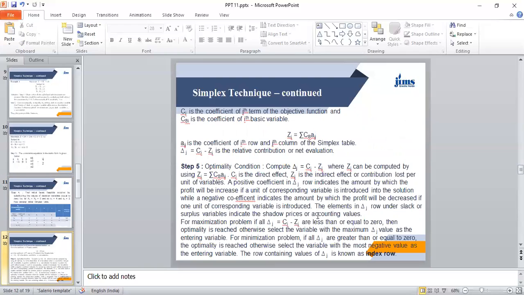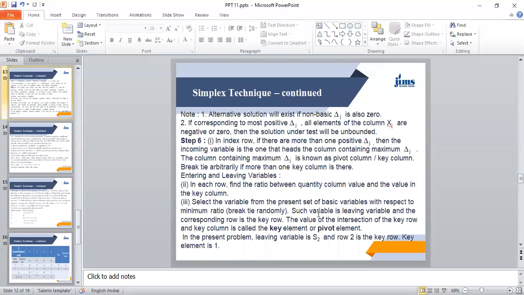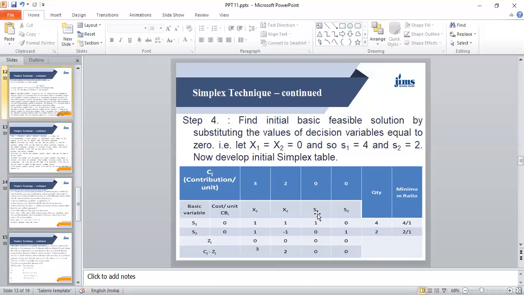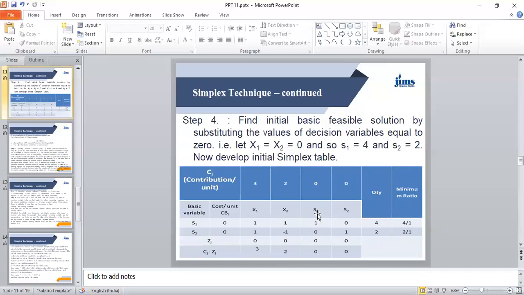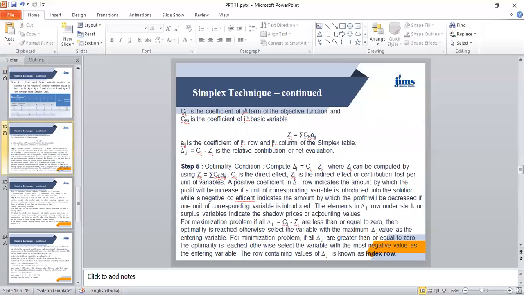The row containing these values is also known as the index row or net evaluation row, Cj minus Zj.